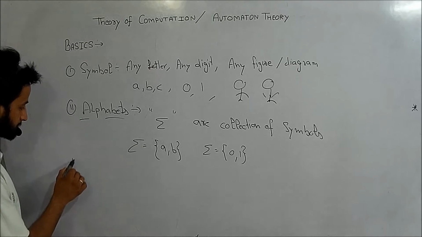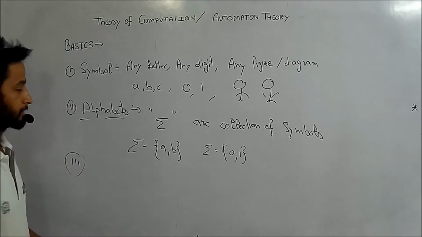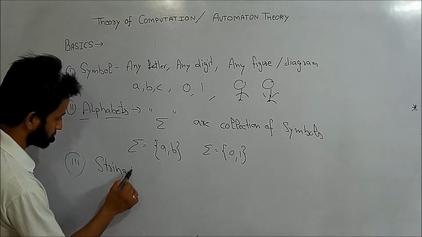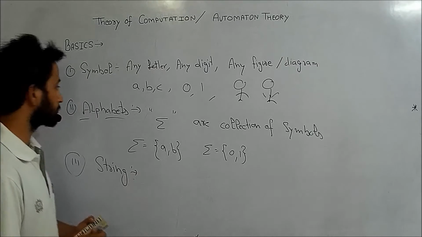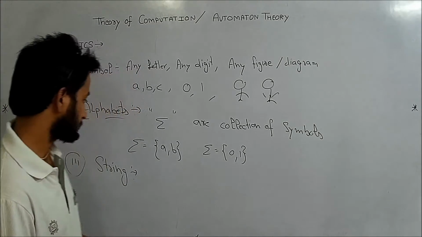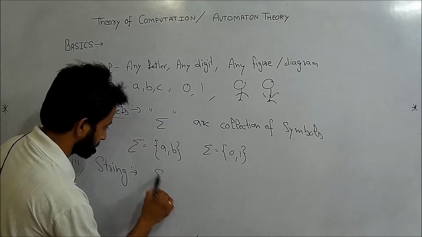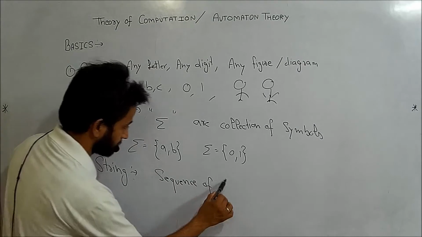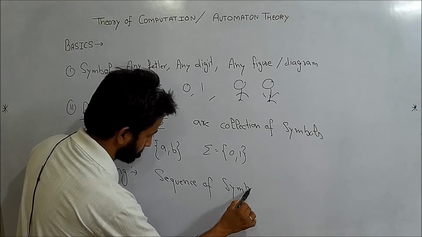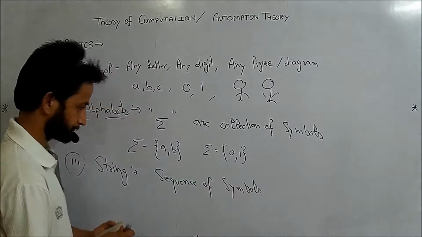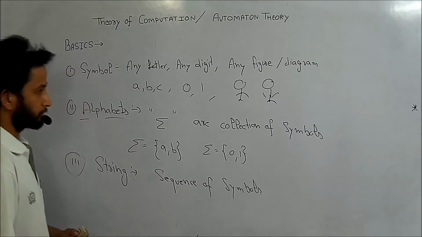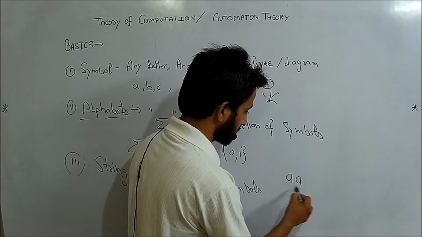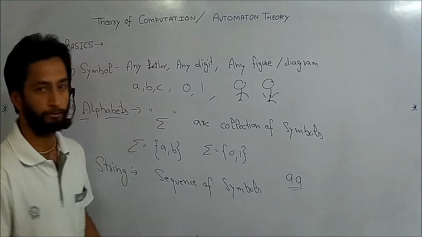After the alphabet, we have the string. A string is a sequence of symbols. If I say A and A, this is a string.